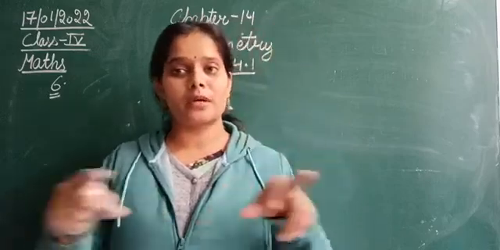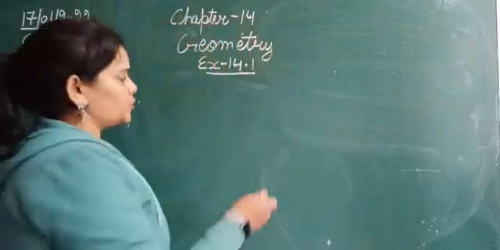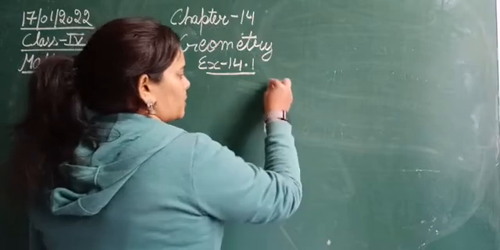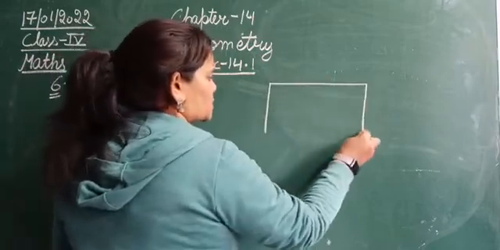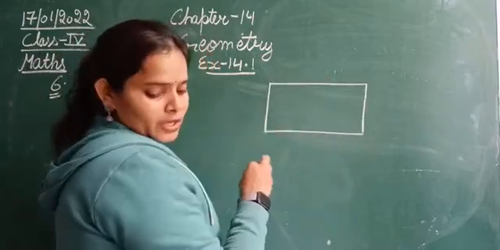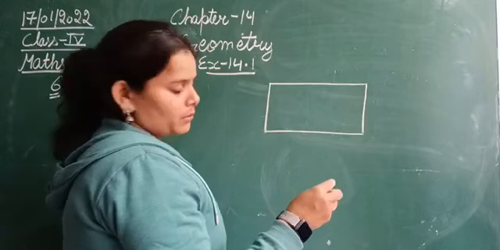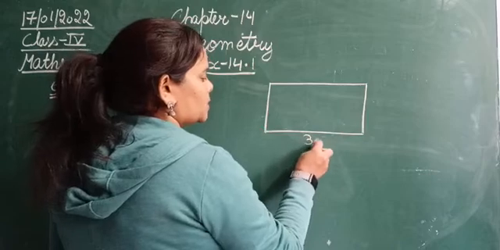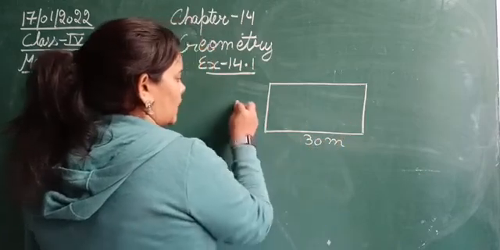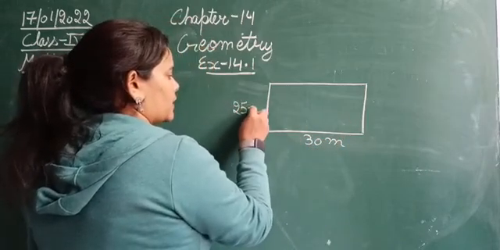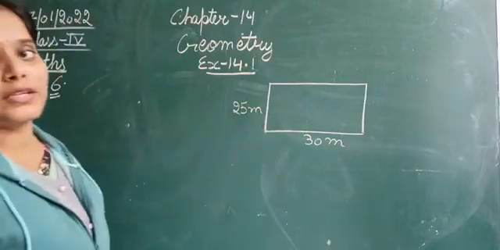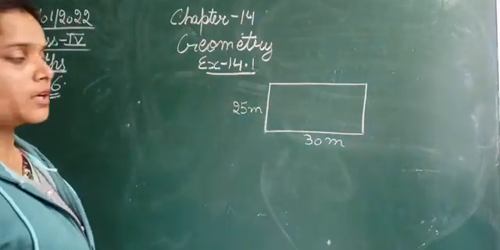That ground is in rectangular shape. So in what shape is that ground? Rectangular. Suppose this is that ground. They are telling us the piece of ground is 30-meter long and 25-meter wide. So this is that rectangular ground.